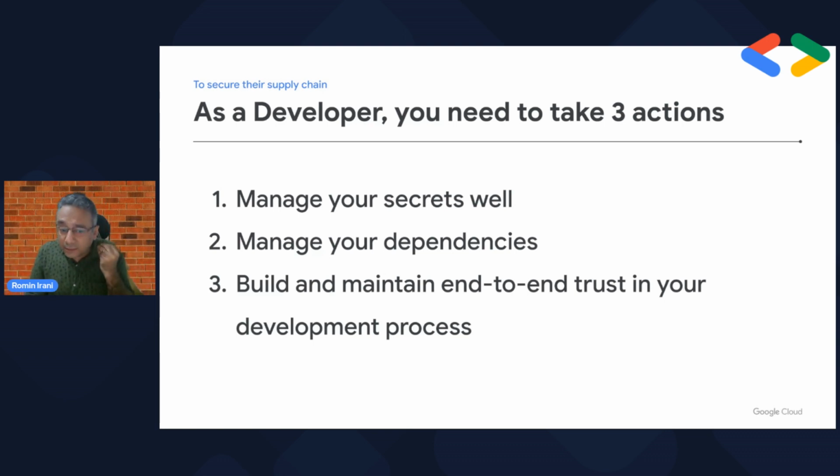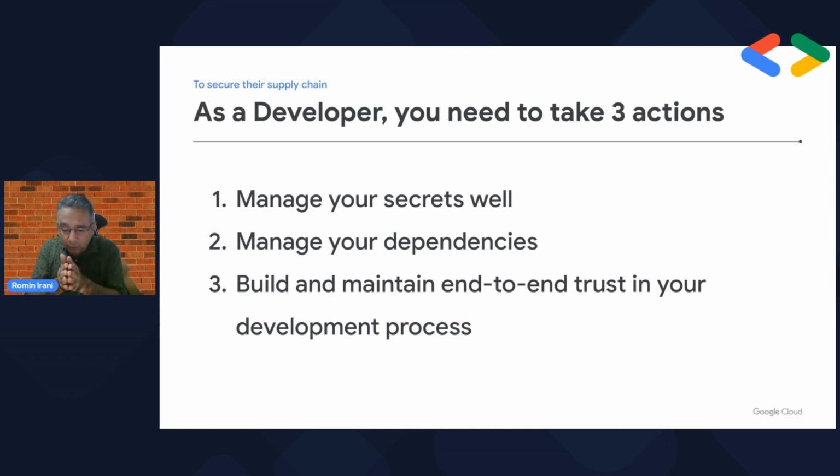So by managing dependencies, at a high level, you must be aware of what dependencies you're using. You must also be aware of the transitive dependencies that could be there, and whether, for the packages or dependencies that you are using, any known vulnerabilities have been found.